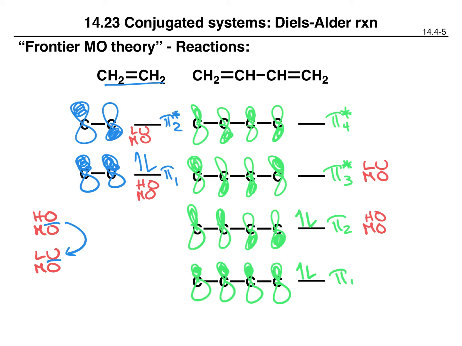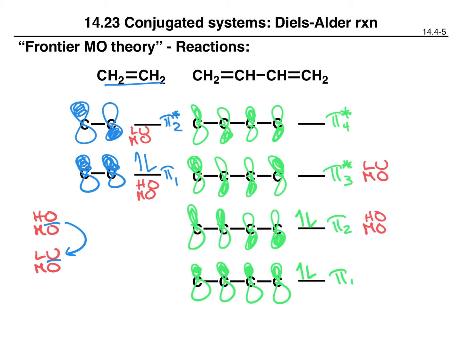So if we are thinking about frontier molecular orbital theory, we need to have electrons going from an occupied to an unoccupied orbital. We still don't know whether the reaction flows from the highest occupied molecular orbital of the dienophile to the lowest unoccupied of the diene, or does it go from the highest occupied of the diene to the lowest unoccupied of the dienophile.